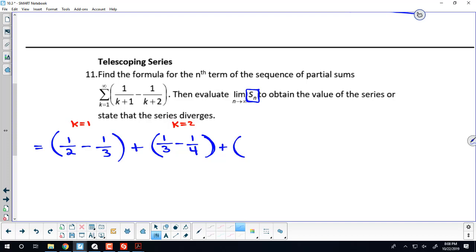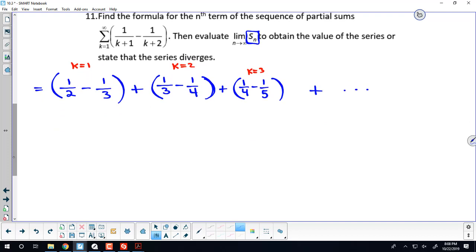When k is 3, we have 1 over 4 minus 1 over 5. I'll have to write it down here, I'm running out of room.